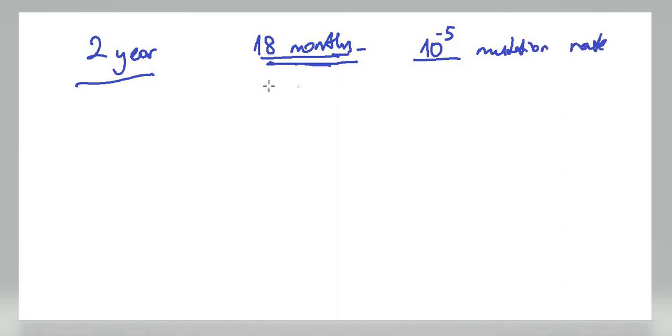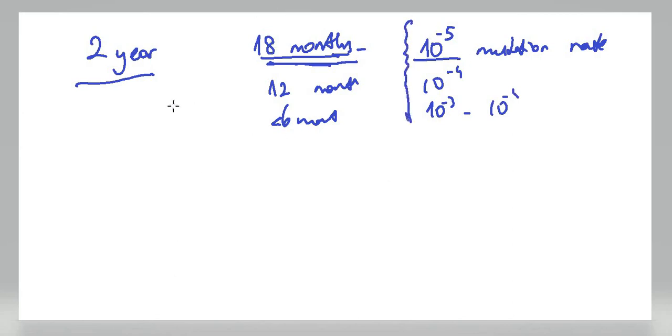If you wanted to have 6 months or less, okay, in between this amount. So with respect to the mutation rates, you can also induce the time.